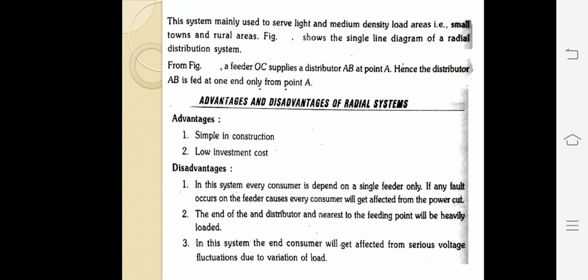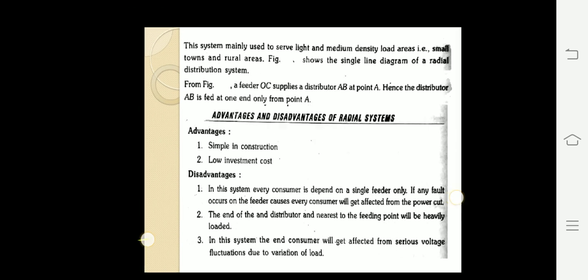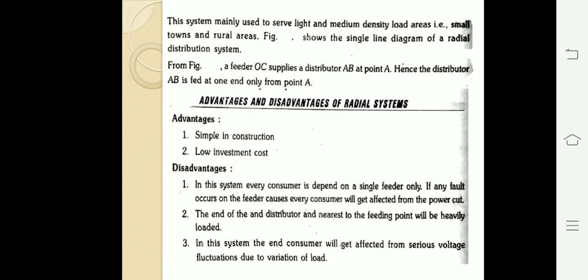So, what are the advantages of this one? It is simple construction and low investment. The main disadvantage of this one is that in this system, every consumer depends on the single feeder only. If any fault occurs on the feeder, every consumer will be affected by the power cut.